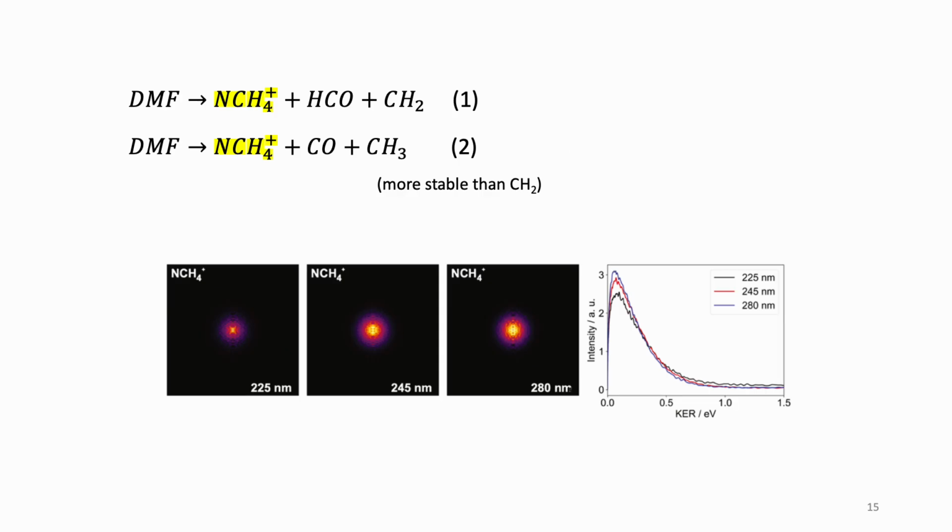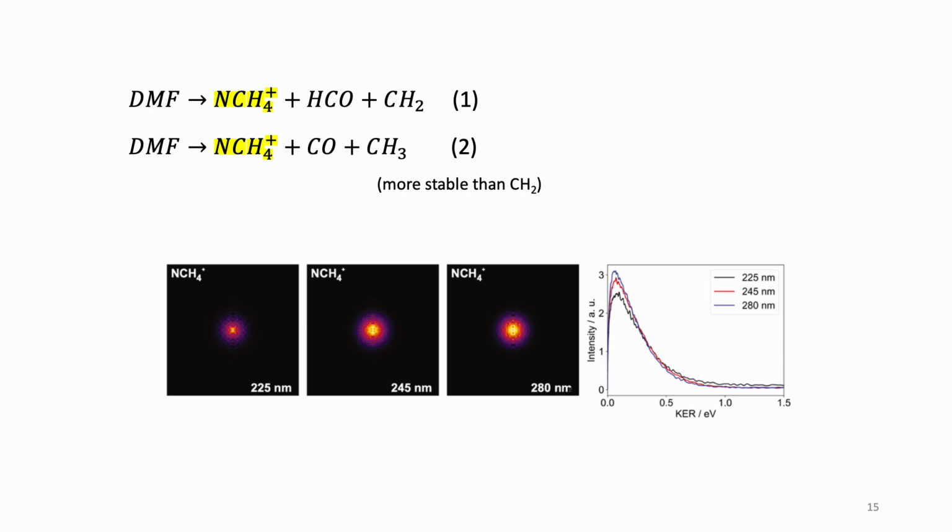In addition to the simple NCO bond cleavage pathways, NCO bond dissociation can also be accompanied by intramolecular hydrogen transfer. The NCH4 ion can be formed through two different dissociation pathways.